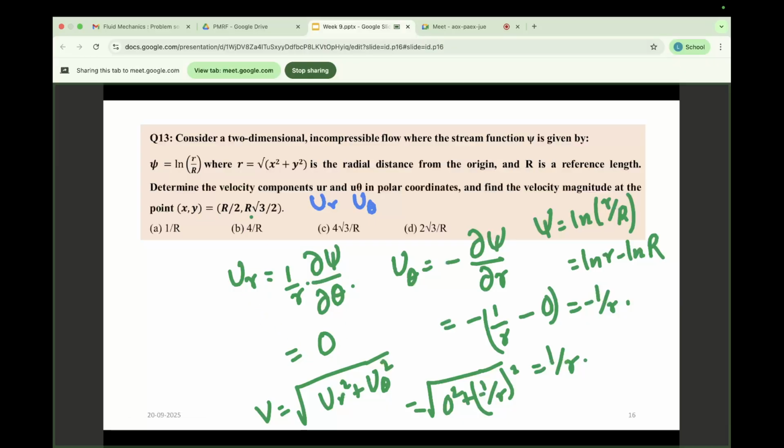At this point x comma y is given, and r is given in this question as root of x square plus y square.